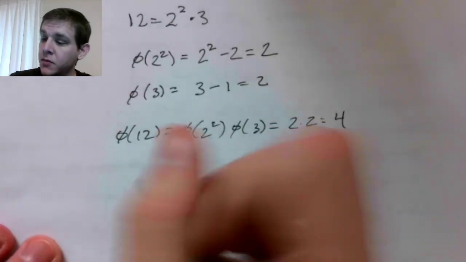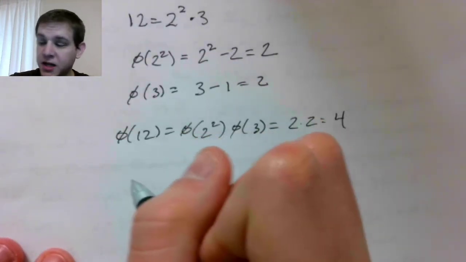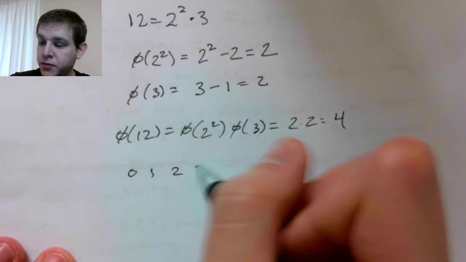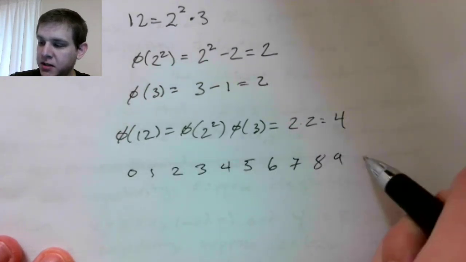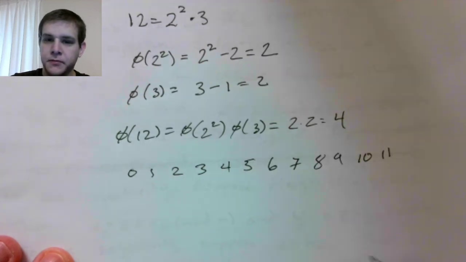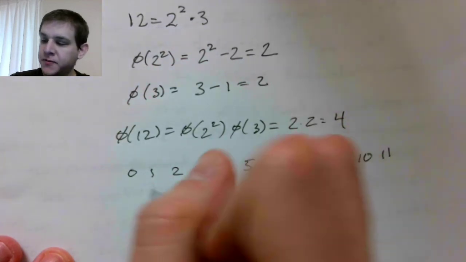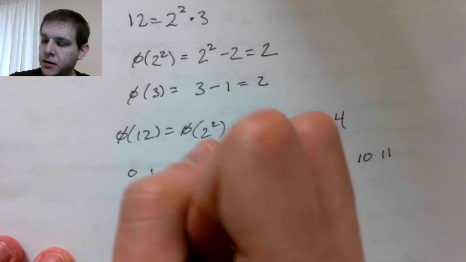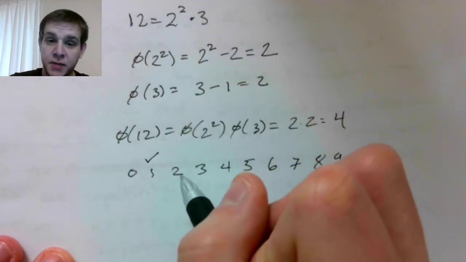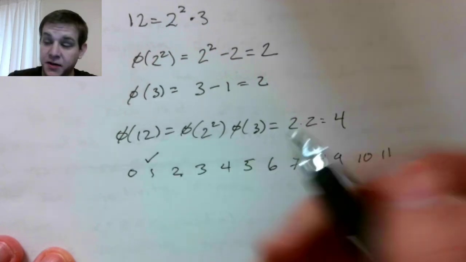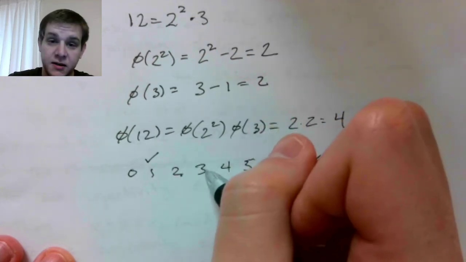And let's check. If I list out the congruence classes, I have 0, 1, 2, 3, 4, 5, 6, 7, 8, 9, 10, and 11. So which ones are coprime with 12? This one is invertible. This one's not because it in fact divides 12. This one is not. 3 divides 12.